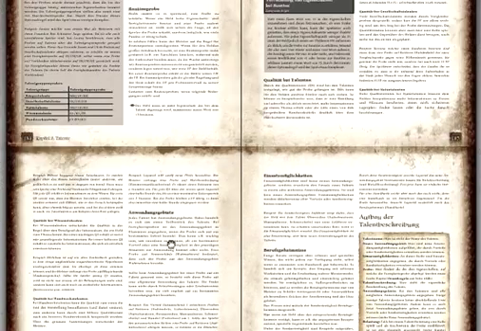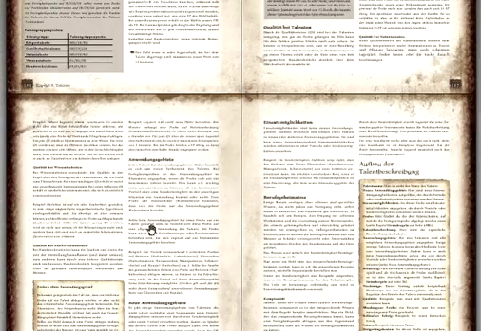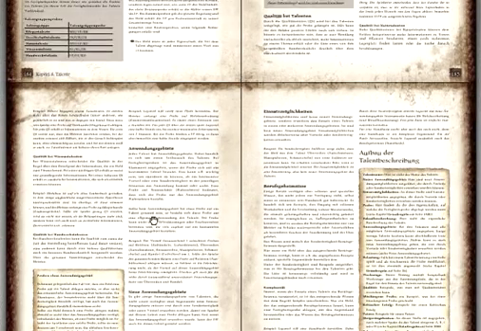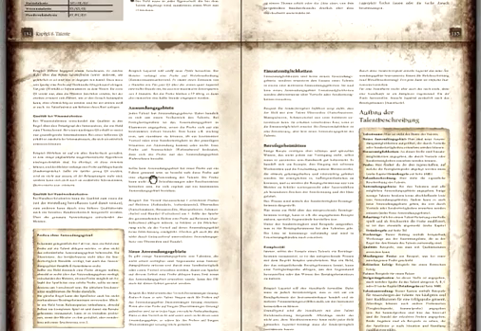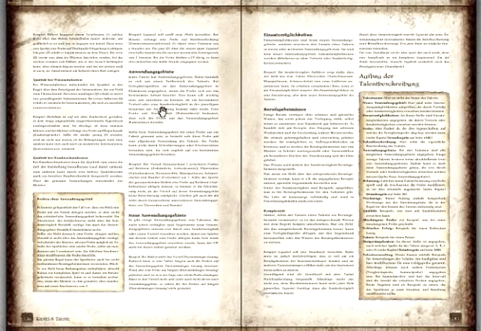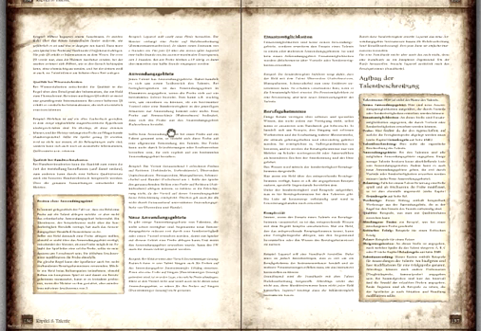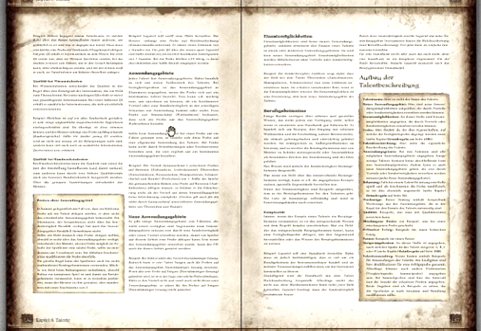But here they explain what quality level means for certain groups. And then there is a special rule for Anwendungsgebiete, areas of usage for a talent. For example, there is a general talent for hiding, concealing and disguising.